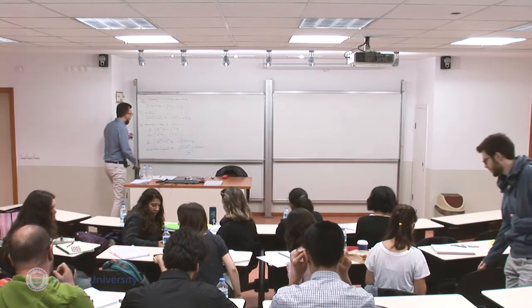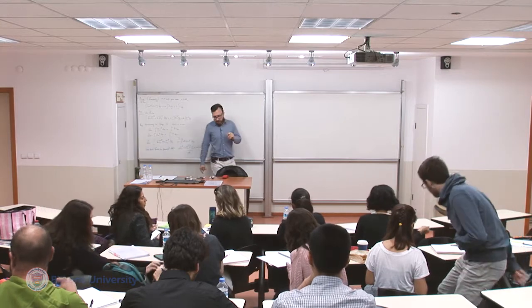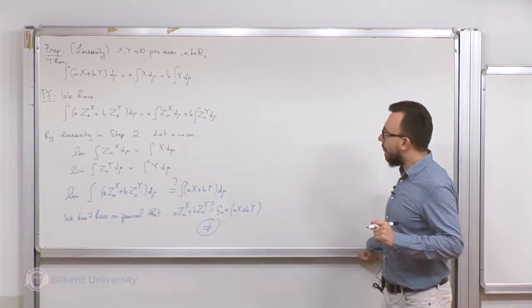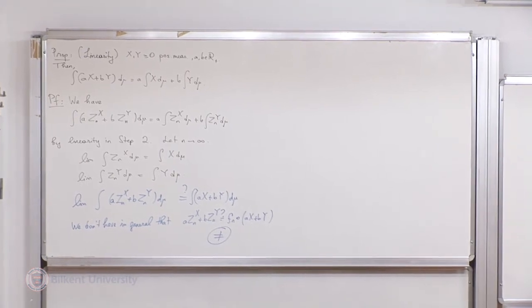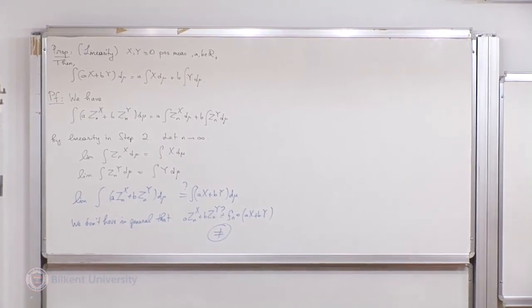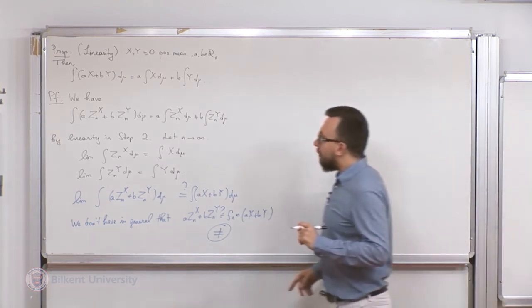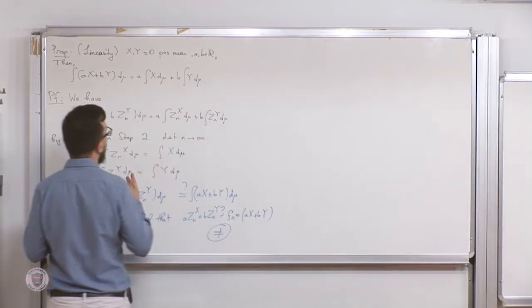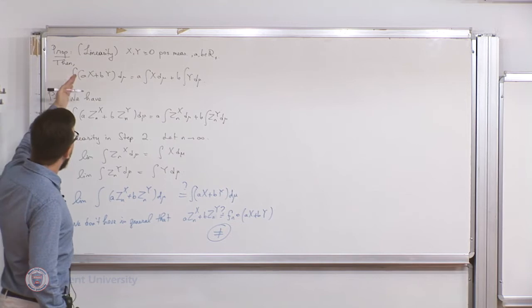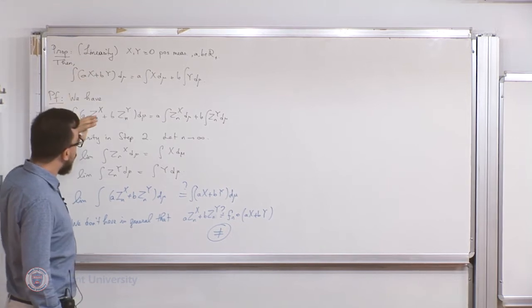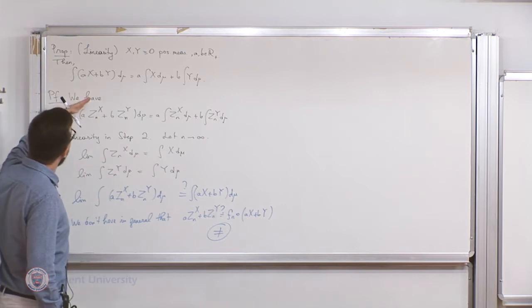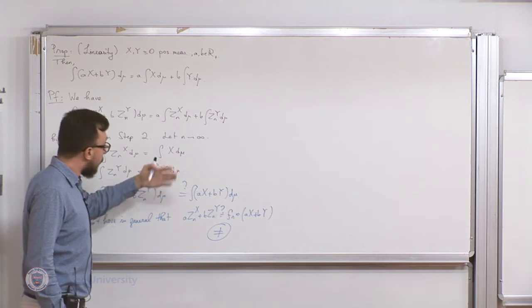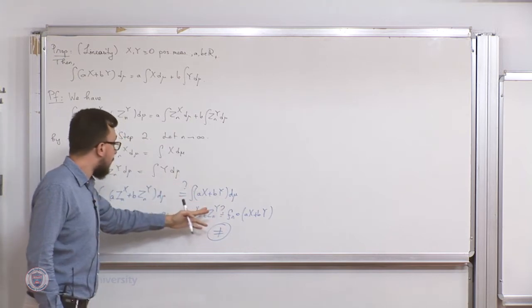Okay, so here's where we left off. We had some trouble with the proof of linearity for step 3. The trouble comes from the fact that when you try to apply the standard way of approximating x and y, and also ax plus by, you have no issue with the approximation of x and of y, but you have an approximation of ax plus by using the approximations of x and y.